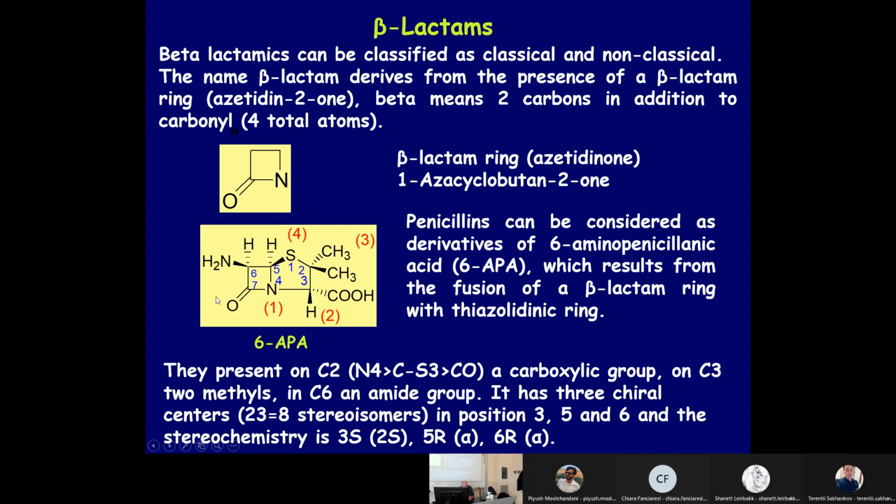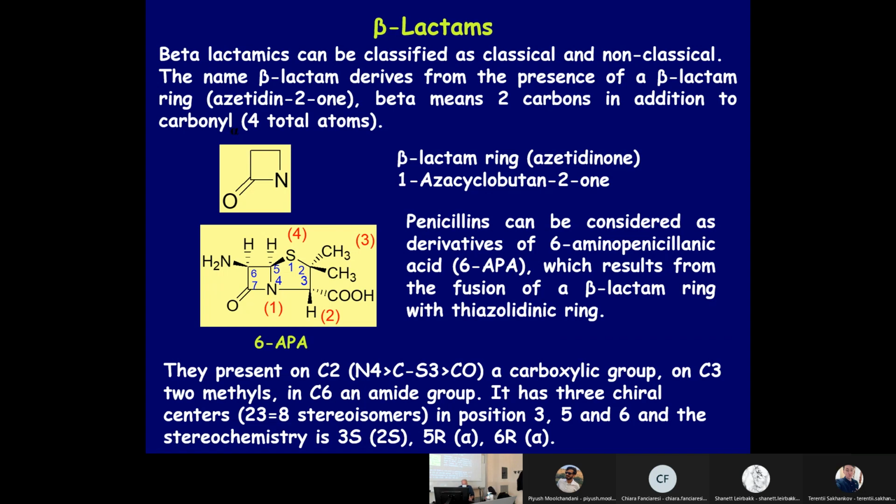Penicillanic indicates these 2 rings fused together. We have a beta-lactam ring and another 5 atoms ring called thiazolidinic ring. Thia means sulfur, aza means nitrogen, thiazolidinic because it's saturated in all positions.